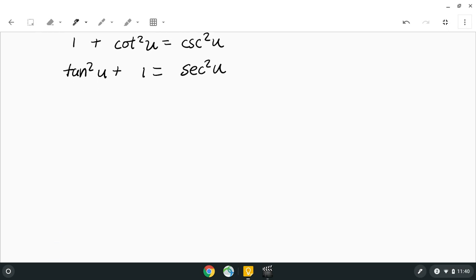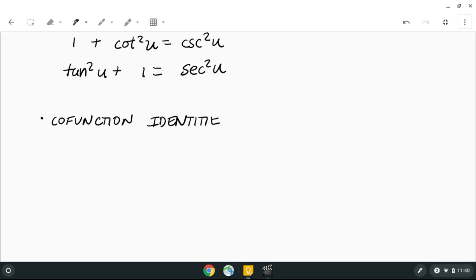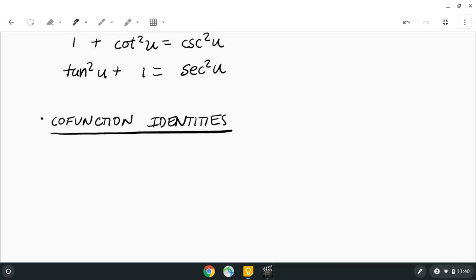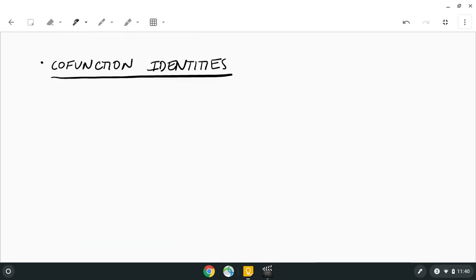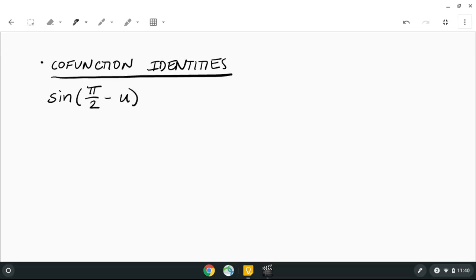The cofunction identities. Okay, so these are the ones where you have sine of pi over 2 minus u equals cosine u.